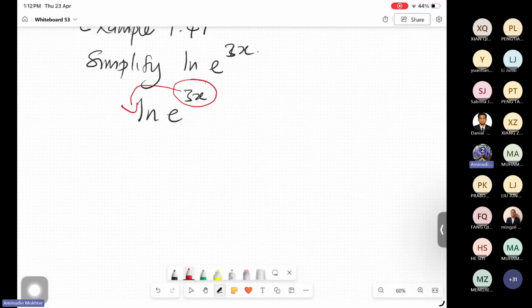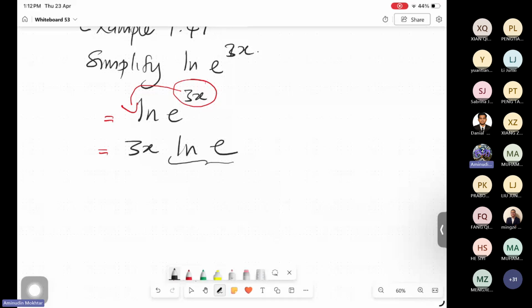This is equal to 3x ln e. Again, what is ln e? Okay, I hope you can remember this. ln e is log base e of e.